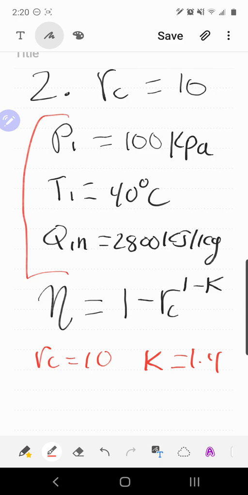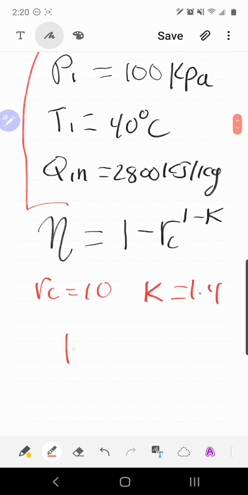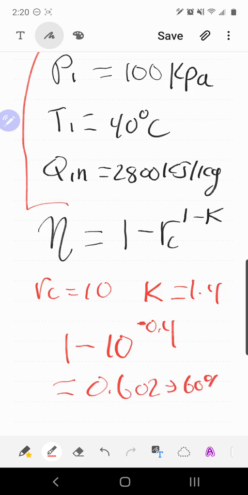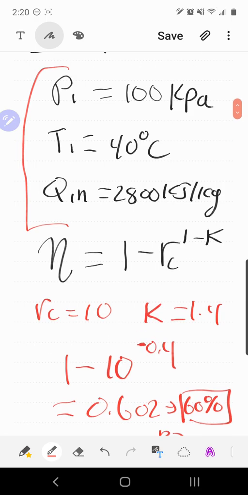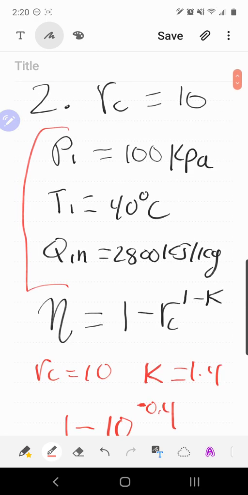So how do we put this in the equation? It's gonna look like 1 minus 10 to the negative 0.4. This will give us an answer close to 0.602, which corresponds to the 60% efficiency, being answer choice B. So this problem basically gives us a lot of unnecessary information that we do not need.